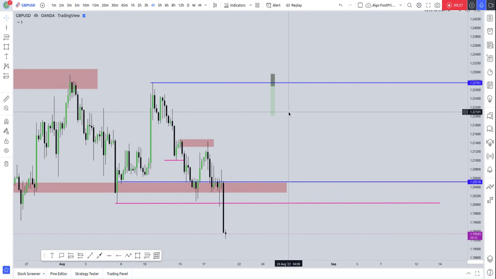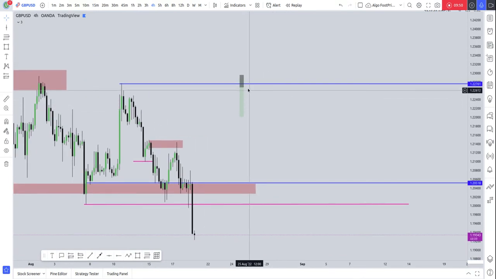Did you get it? The H4 candle goes up, it takes out this swing high, which is the buy side liquidity. Then there is a huge retracement on that candle and it closes below. If it is the daily, it should close below.